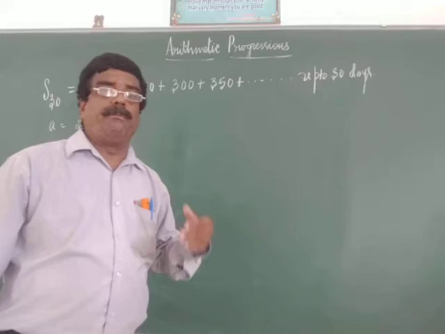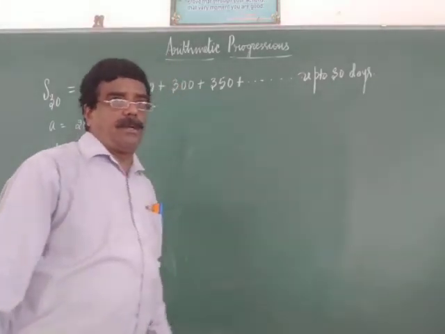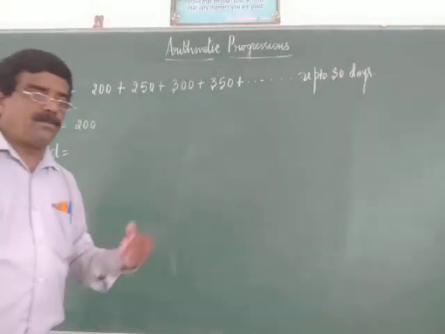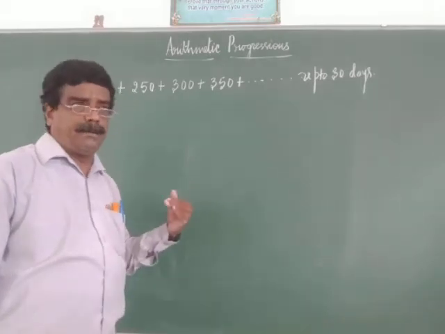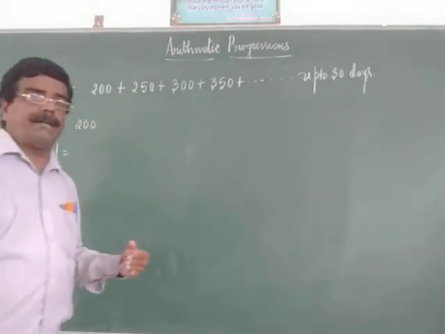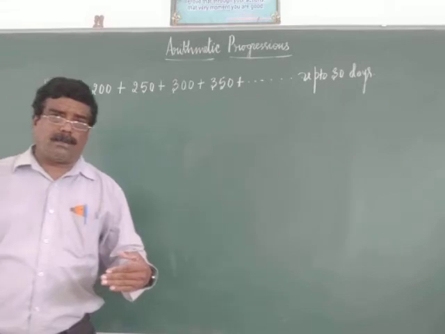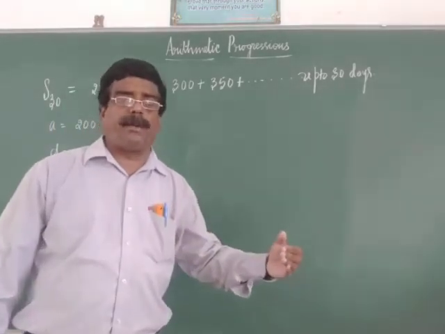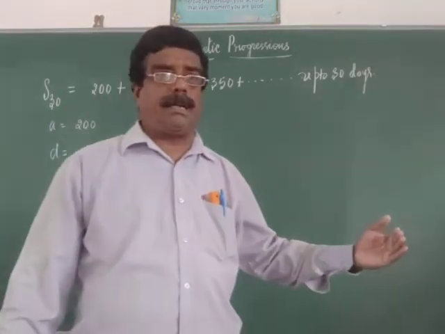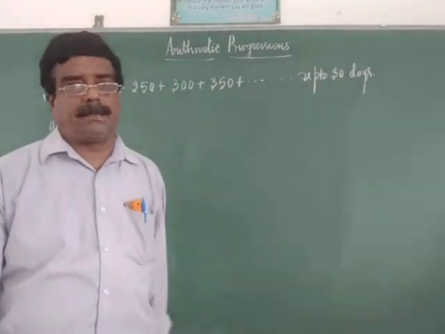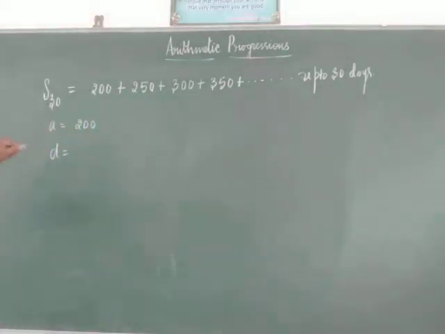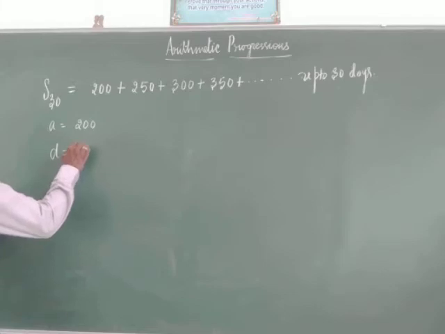And more than that, the sum itself says it. You have to give 50 rupees more than the preceding day. Preceding means behind, yesterday. Yesterday if you pay 200 rupees, today you have to pay 250. Tomorrow 300. Day after, 350. So here the difference is 50 rupees.